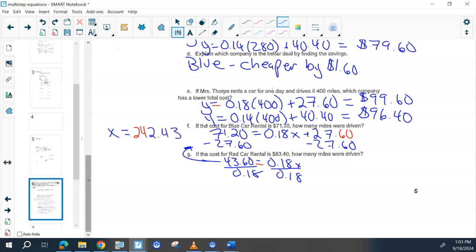$242. So do you have 0.43. Was that repeating? Or exactly? I'm not sure. I got 2 at the end.